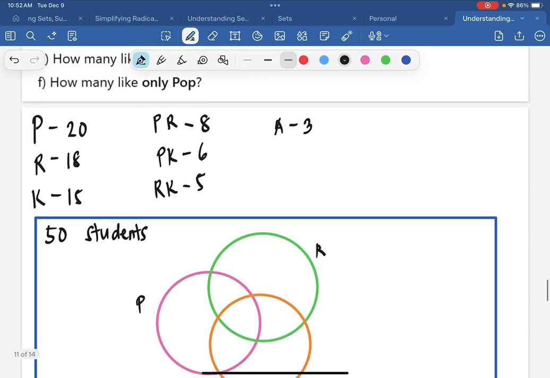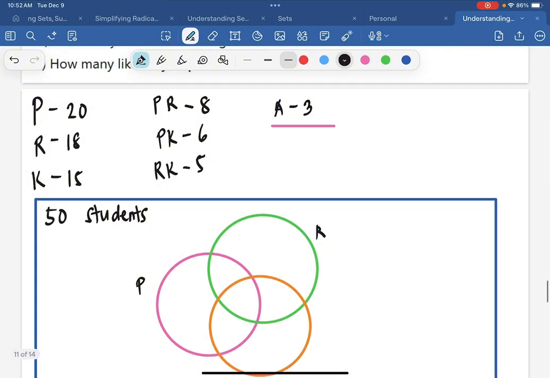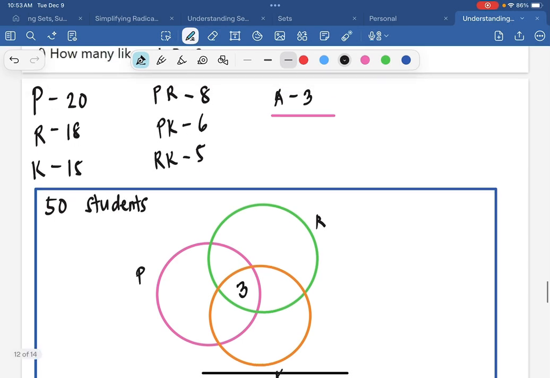So again, you go over first to the intersection of all three, which is 3. So write 3 in the middle. Okay, so I hope that's clear. Now, let's have P and R. So we have here 8. So before you write 8 here, subtract 8 with 3. So that means 8 minus 3 is 5.